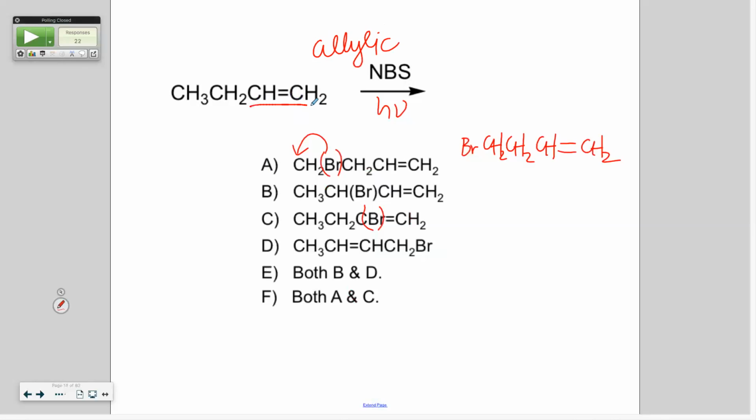Here's our double bond. One carbon away is allylic. So there are these two. Okay, so you would replace one of those with a bromine. You have to know what NBS means. Okay. All right, so that is one product.